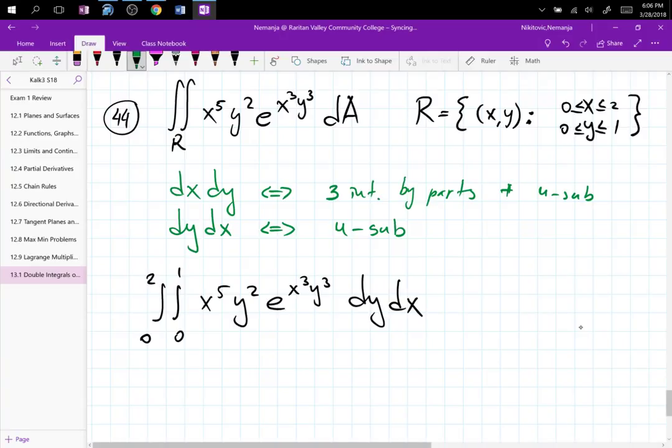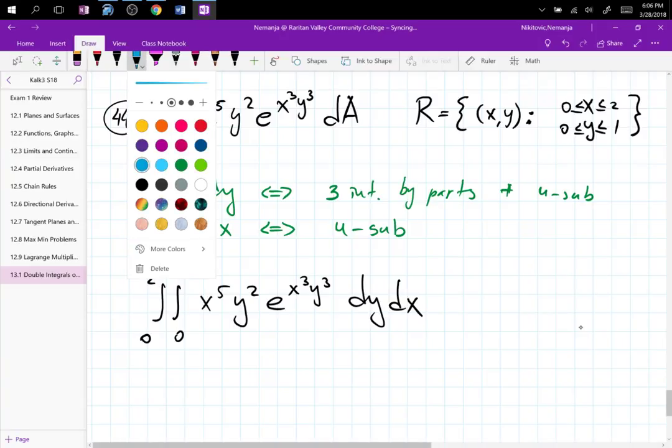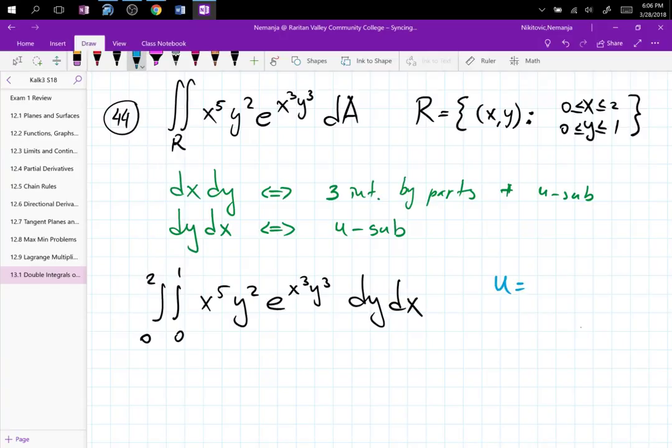Let's go blue for this occasion. So u is equal to x cubed y cubed. Now x is a constant, we are dealing with y's. So the derivative of this one, du, would be 3x cubed y squared dy.